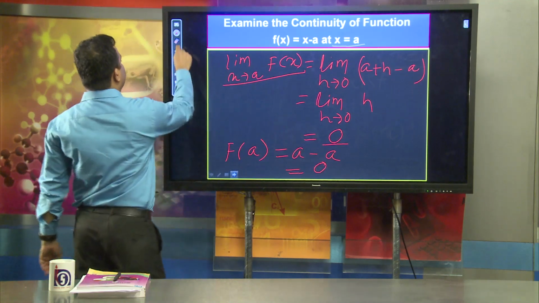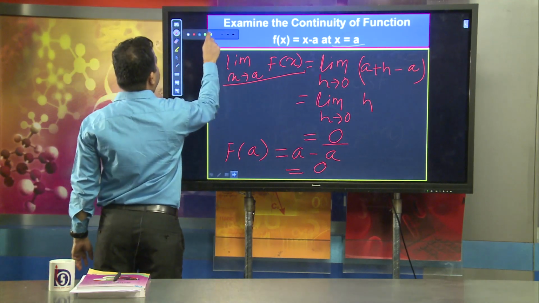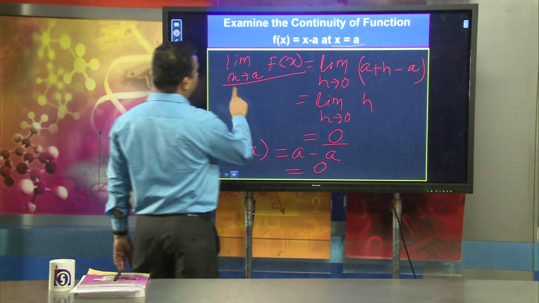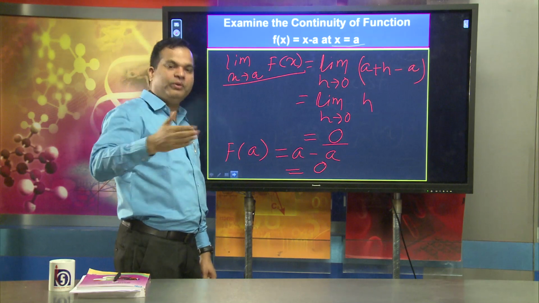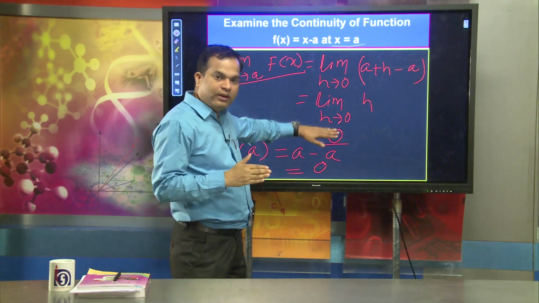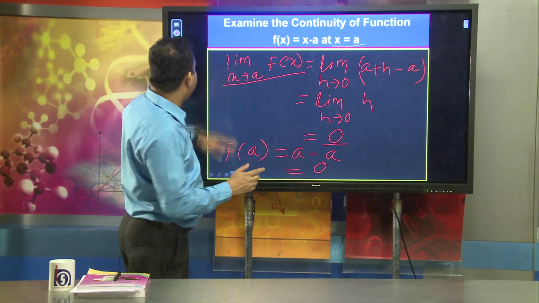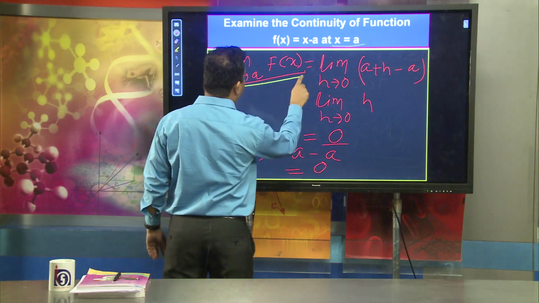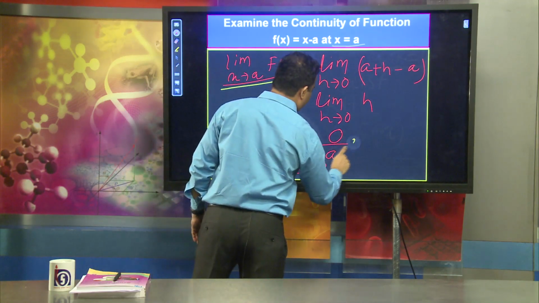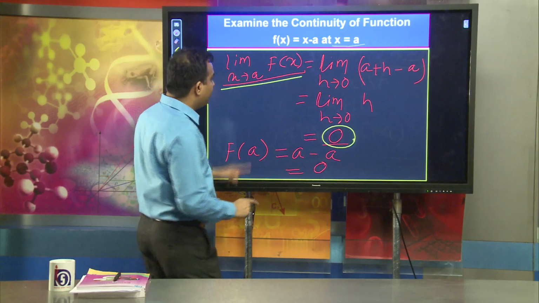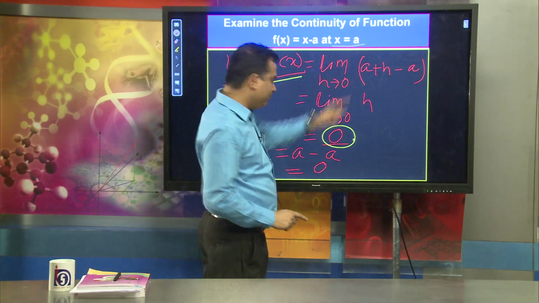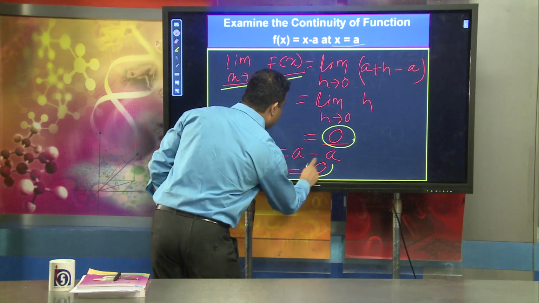Two things we have observed. First thing is the limit exists, that is why we are able to find the value of the limit. Second thing is the limiting value is equal to 0, and the functional value f of a at the particular point x equal to a is also 0.